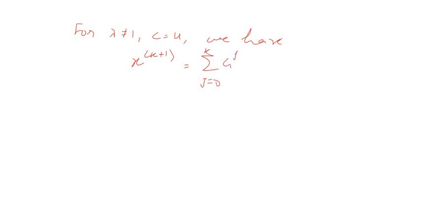Right. Now for lambda not equal to 1, c equals u, we have x_{k+1} equals the summation j equals 0 to k of G^j u, which equals the summation j equals 0 to k of lambda^j u, which equals (lambda^{k+1} minus 1) divided by (lambda minus 1) times u.